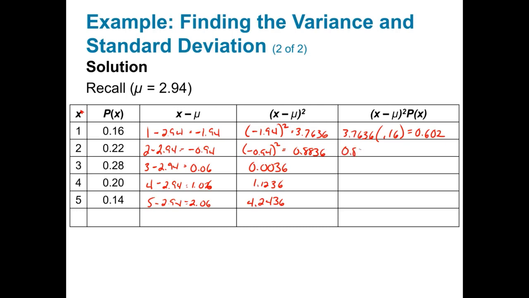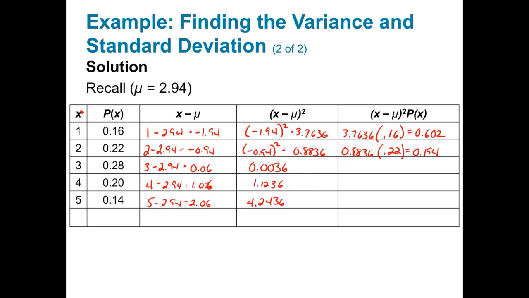And then same thing all the way down. So 0.8836 times 0.22 gives you 0.194. Notice I went from 4 decimal places here, kept 4 when I squared it so I'd have more accuracy, and now I'm rounding to 3 because in the end I'm going to round to 2. Actually, I'll end up rounding, we'll see, 2 or 3.